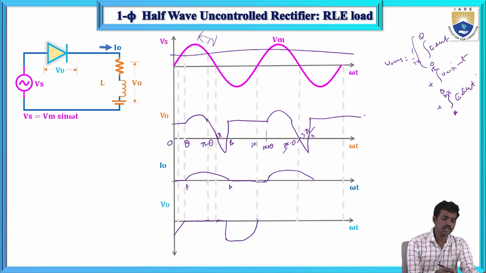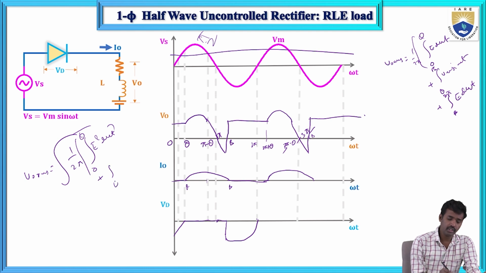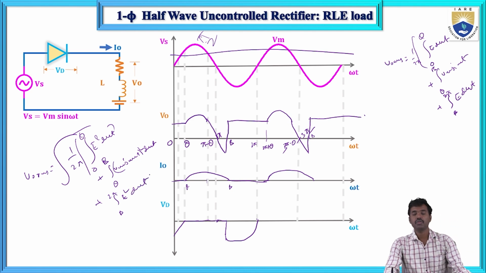In the same way, V0 RMS equals the square root of 1 by 2 pi times the integral from 0 to theta of E square d omega t, plus theta to beta of (Vm sin omega t) whole square d omega t, plus beta to 2 pi of E square d omega t.